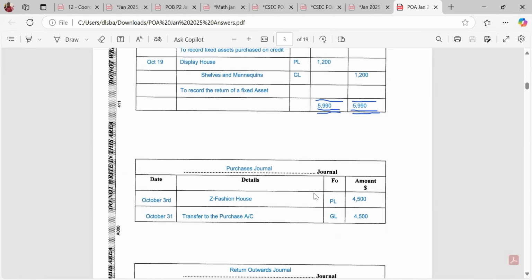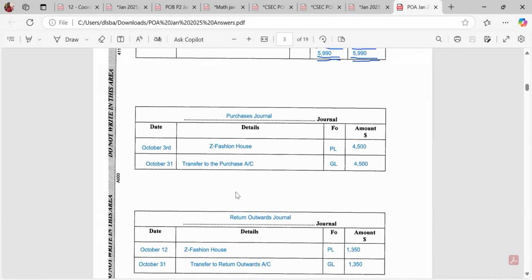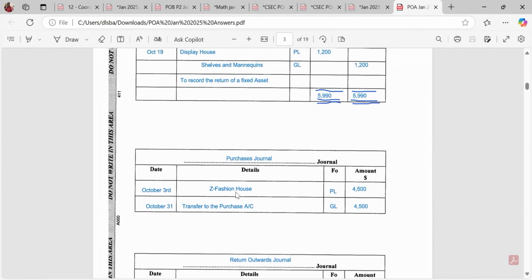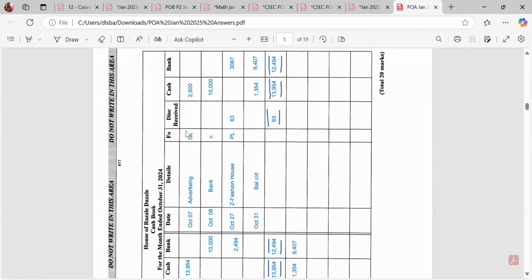Return outward is transferred to return outwards, right? It's in the name, so you can't forget. Right? The folio for all of these will be GL. So I did those, and then I balanced the cash book.